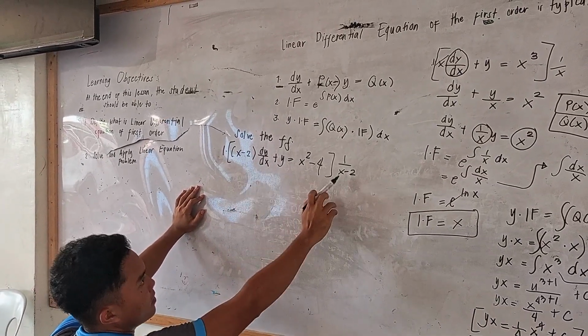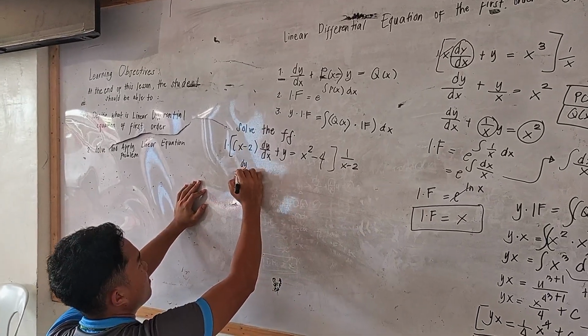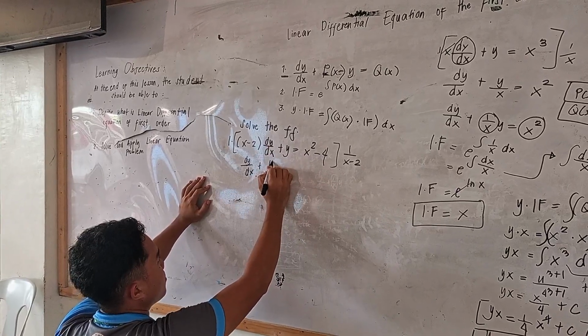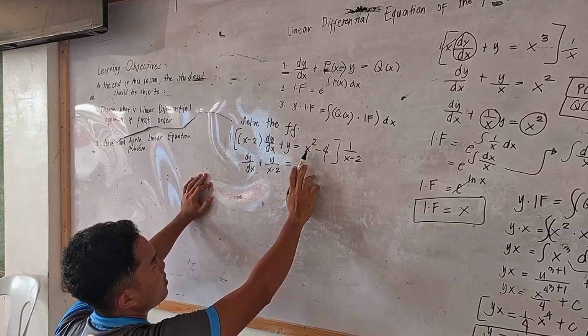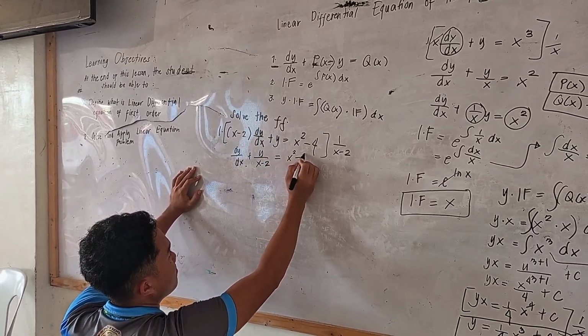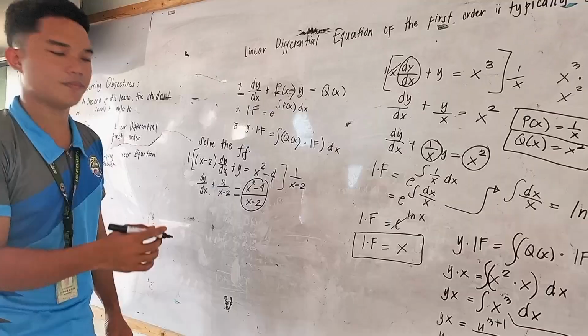Dividing both sides by x minus 2, we have dy over dx, then on this side also y over x minus 2, then this other side is x squared minus 4 over x minus 2.